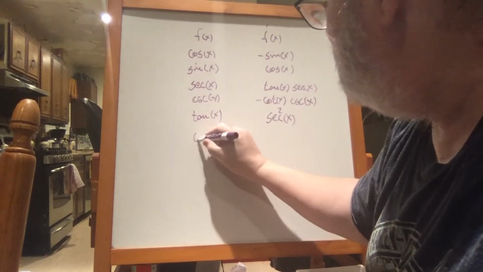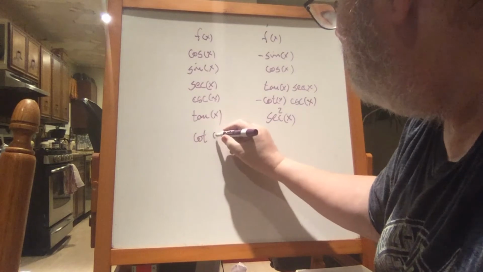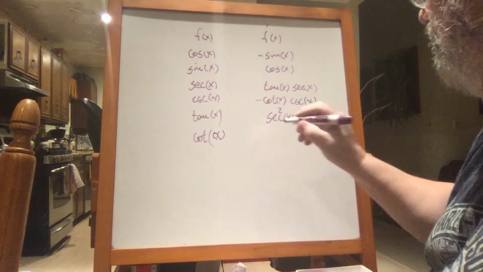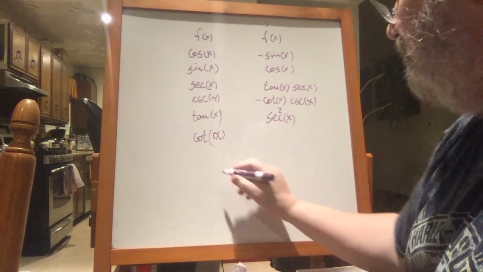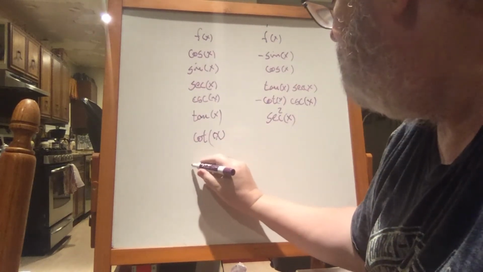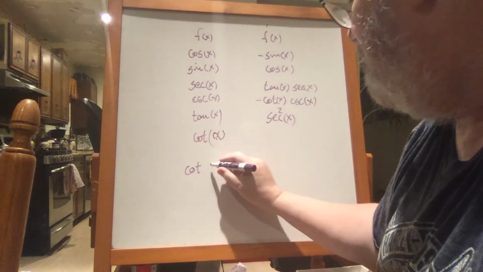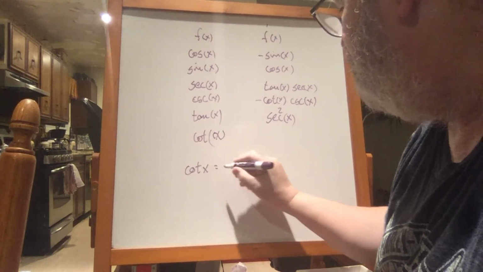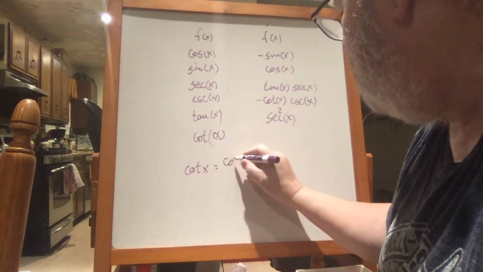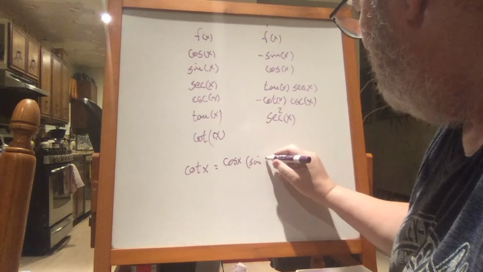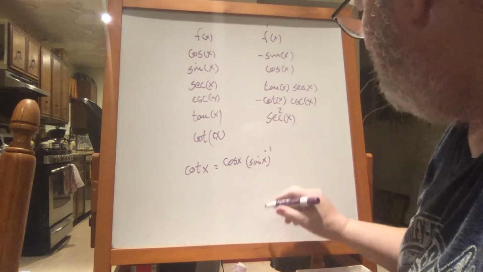And cotangent of x, I believe, is going to be the negative, but let's try that. Cotangent of x is the only one we didn't do. So cotangent of x is equal to the cosine of x times the sine of x to the negative 1.